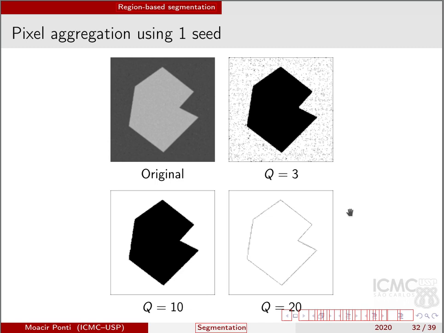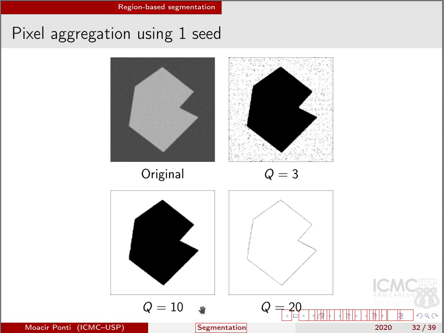In other examples using the same strategy, this image here has noise. When we define a more rigid criterion for segmentation, we don't allow the noise in the background to be included in the background.